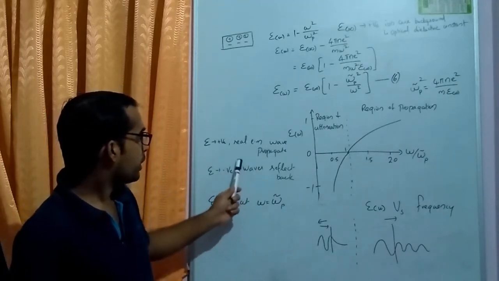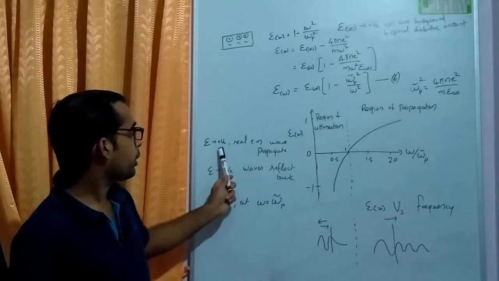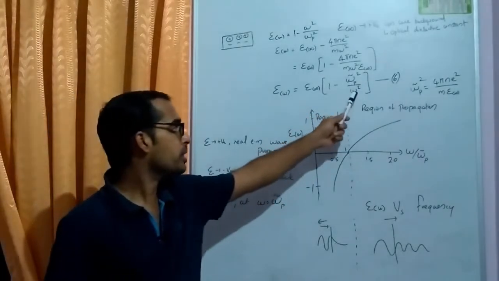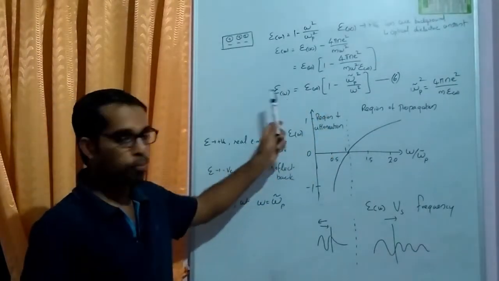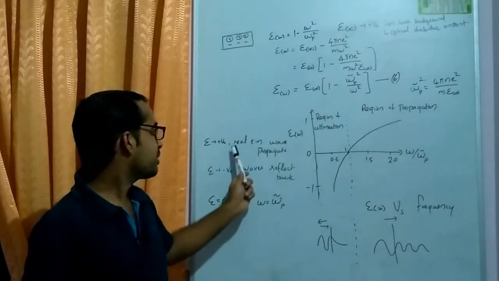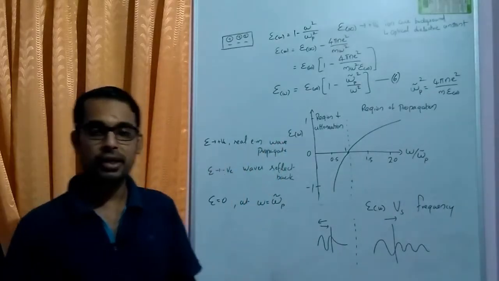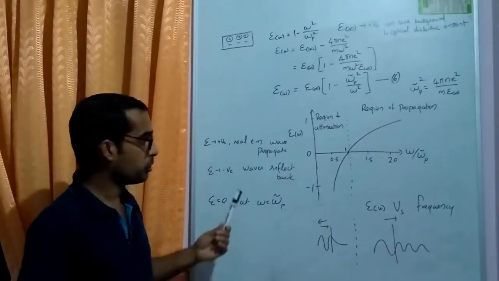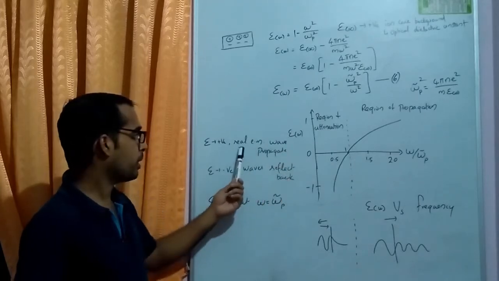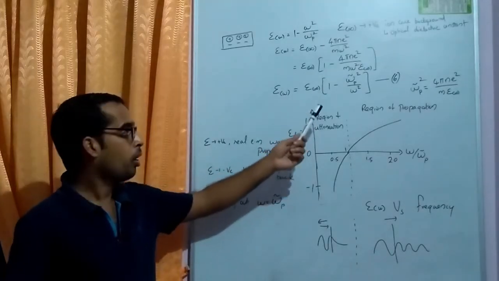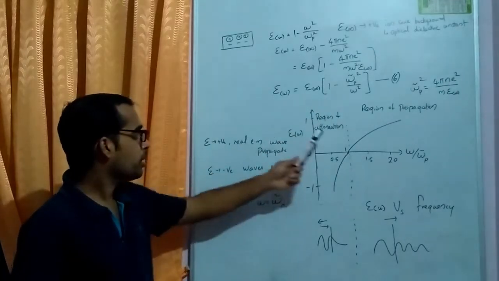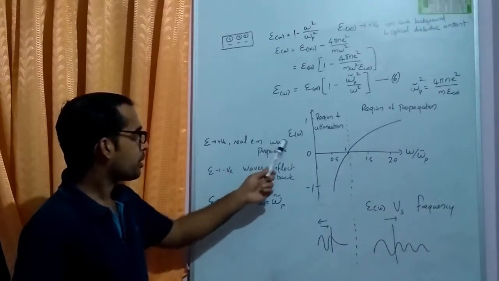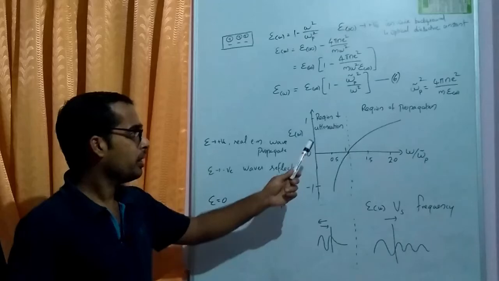Now when epsilon is positive, that is, when the plasma frequency omega_p is less than omega, this will be a positive quantity, which corresponds to a real electromagnetic wave that will be propagating. So the dielectric function is positive only when omega is greater than omega_p, which corresponds to a propagating medium.